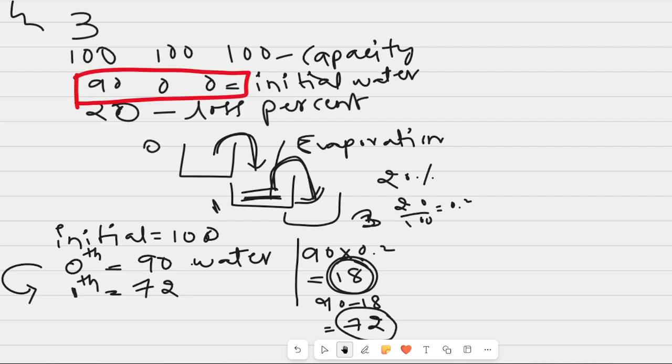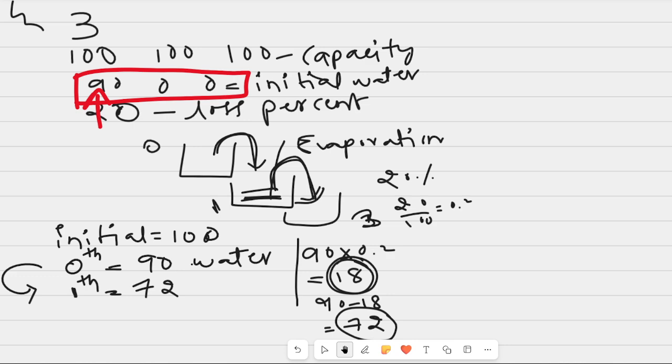In the first case there is 90, and in the second case there is 0, which is empty. So the amount of water which came from the first chamber will entirely fit in this one, because the capacity is 100 and the initial water is 0.